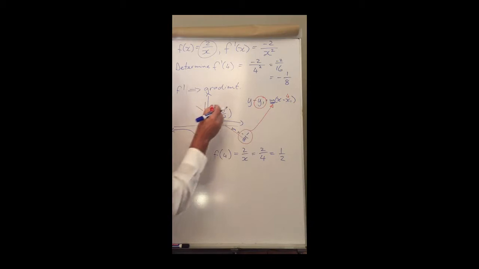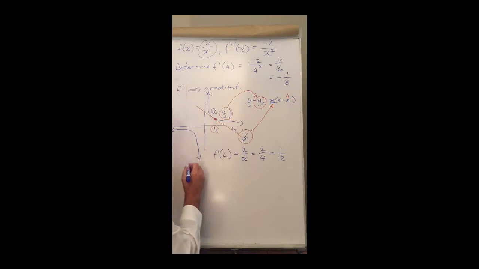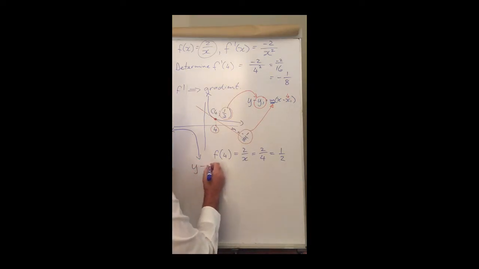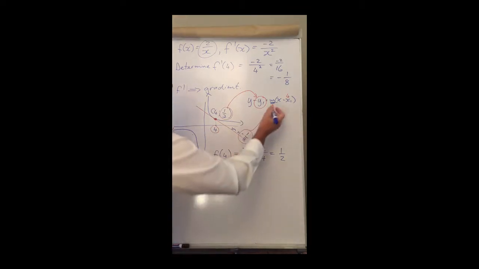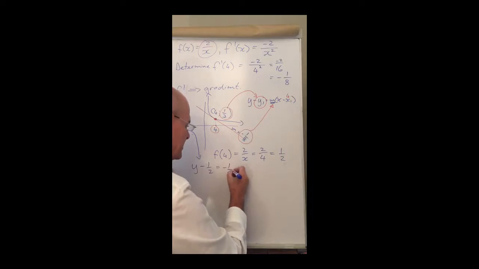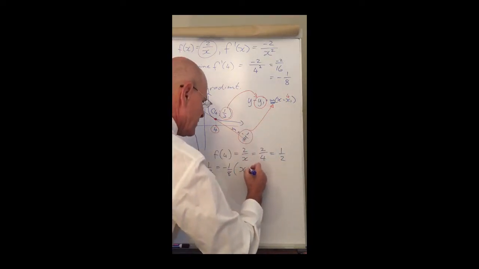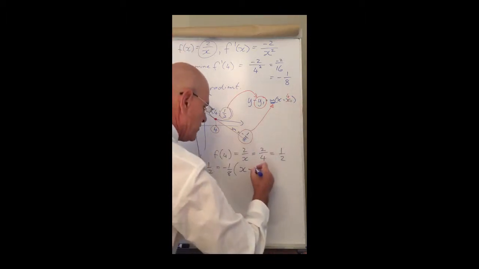We're going to substitute this half in y1's place in our formula for the straight line. So we have y minus a half is equal to m, which is minus 1 over 8, times x minus 4.